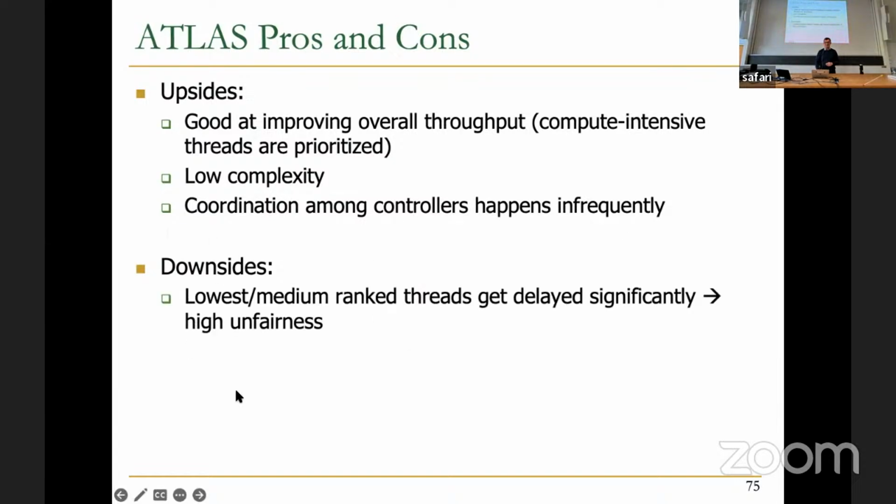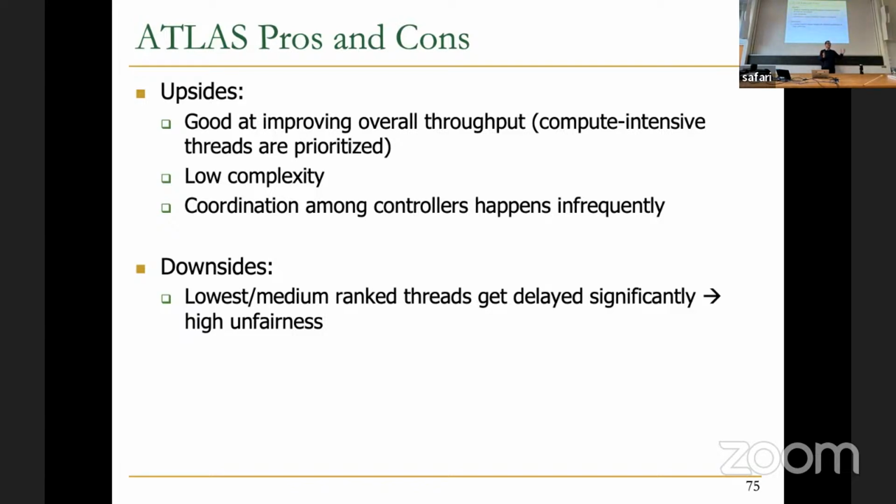Unfortunately, this doesn't take into account fairness, which is going to be important in the next work, based on the insights that we develop over here. So some threads that keep getting lower ranked or medium ranked get delayed significantly. They kind of cannot escape from the situation where they're in the middle.